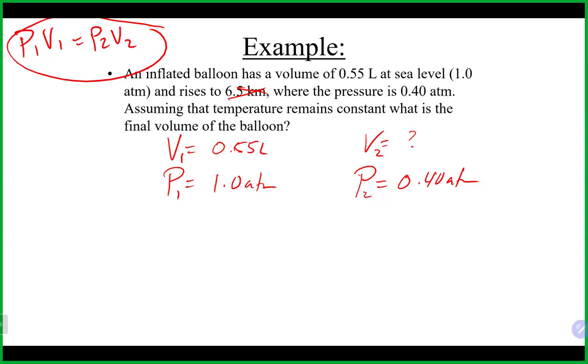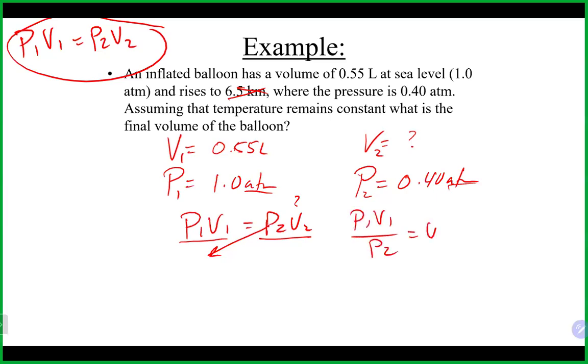And we want to check units. So atmospheres and atmospheres. So we're good to go on that. So we'll go P1 V1 equals P2 V2. In this case, we're solving for V2. Although it's not written as a fraction, you could think of those guys as being on top, and in all these gas laws, if you want to quickly rearrange something, you just move something to the opposite location, which means it's going to go on the bottom there. And that will be P1 V1 over P2 is equal to V2.